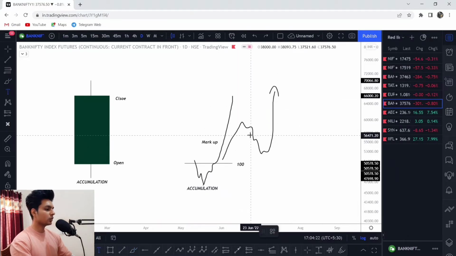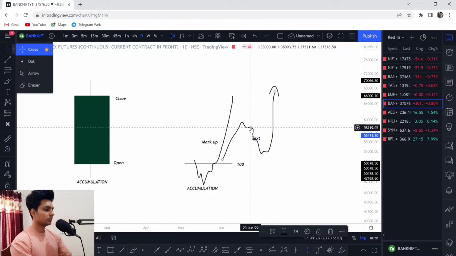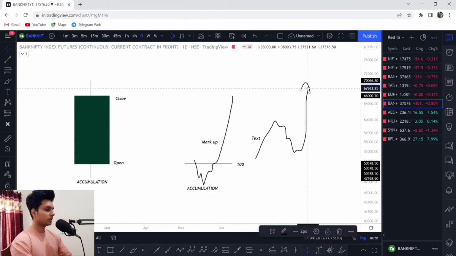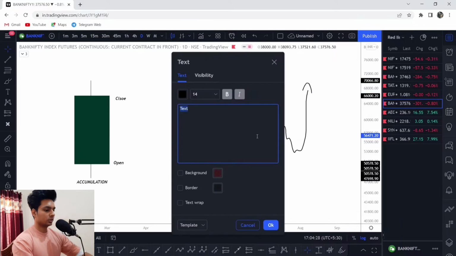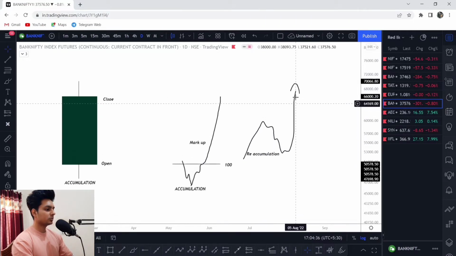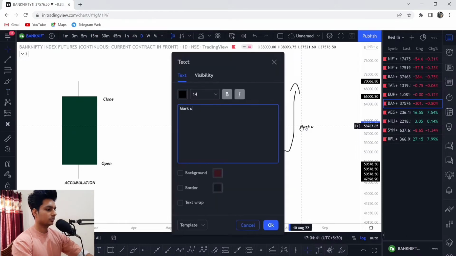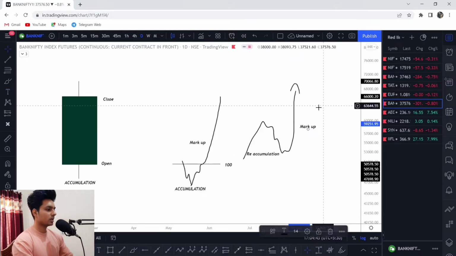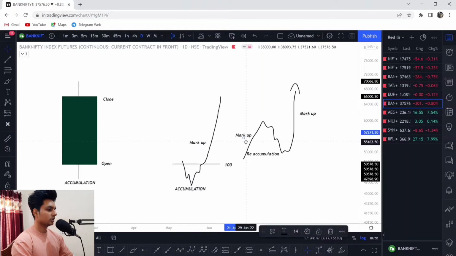So this becomes what, guys? I'll keep some space here for you all to have a better understanding. This becomes a reaccumulation right here, and the price moves higher. So this now becomes my markup. We had an initial markup around this point, and this is how the price moved, and this is where we are now.